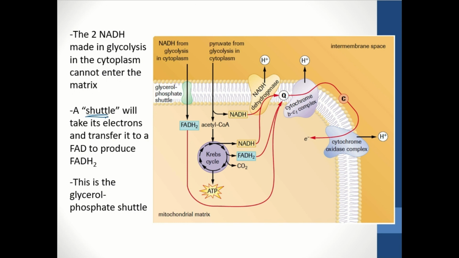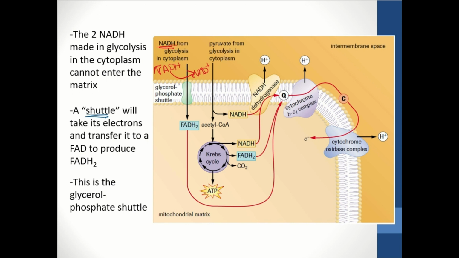The electrons from NADH are given to an FAD molecule to produce FADH2. So you have the NADH up here from glycolysis. It's going to transfer its electrons through this glycerol phosphate shuttle and become NAD plus that can be used in glycolysis.